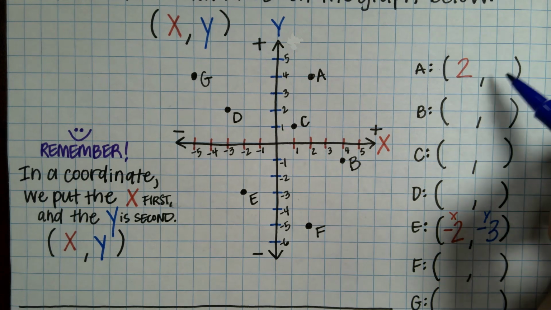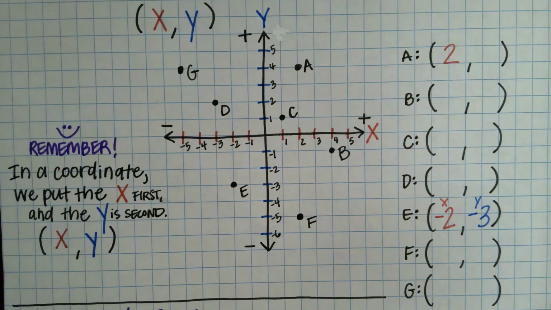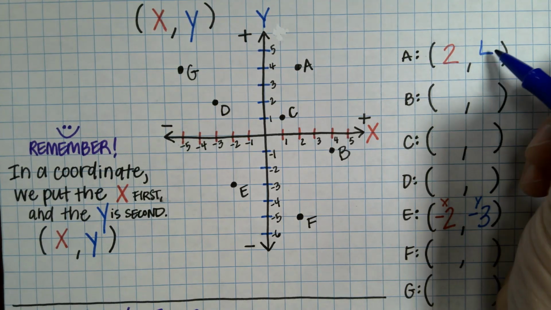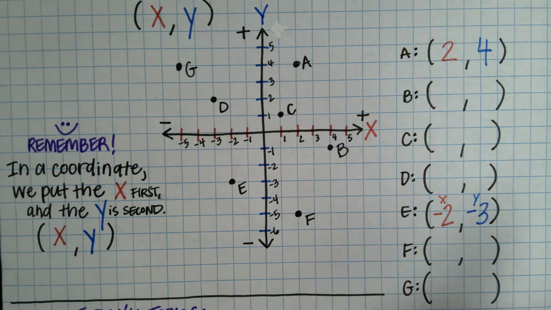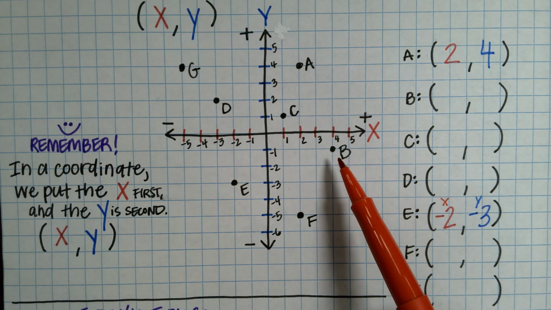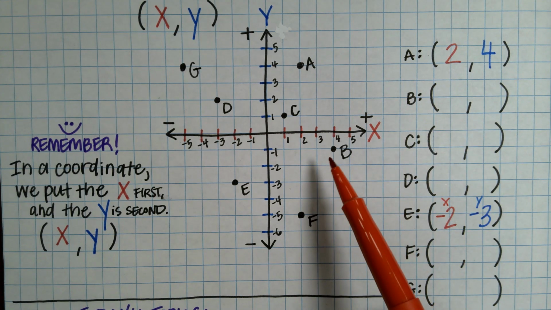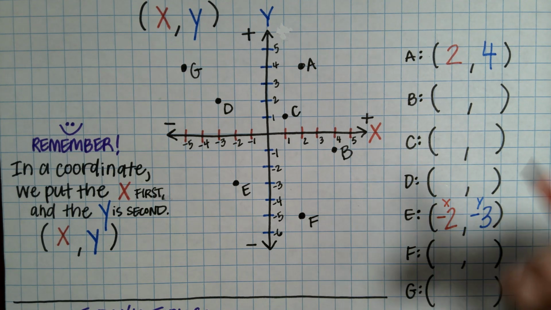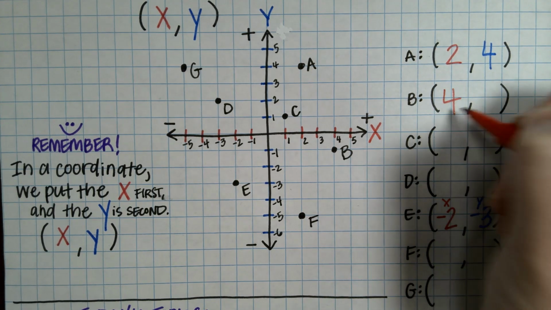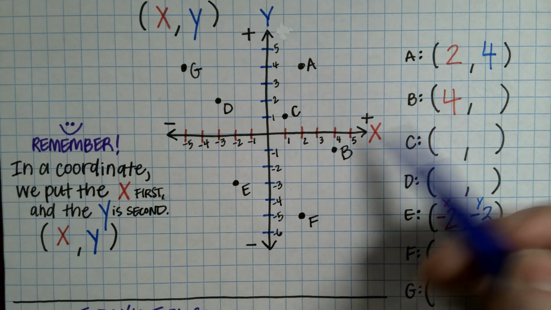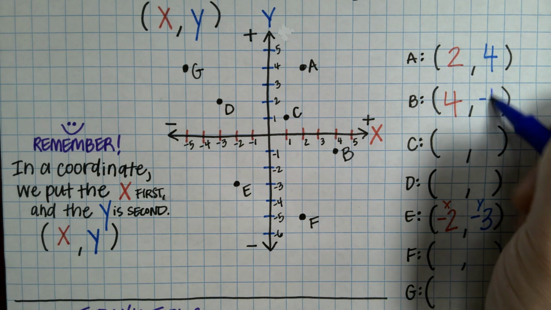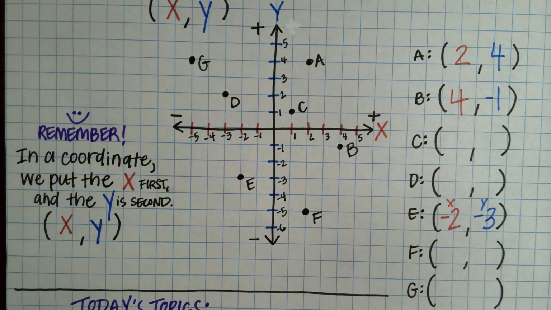And what's my y value for A? 4. Good. Okay, let's look at B. What should I write in my coordinate for B? 4. Good. That's my x. And it looks like it lines up with -1 on the y. Perfect. You guys get that one too?